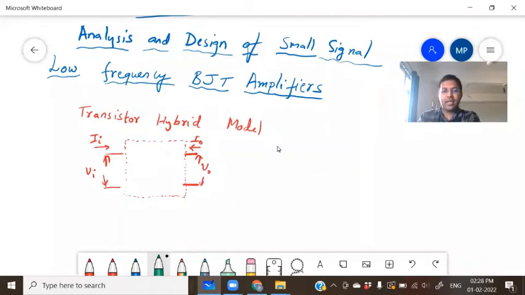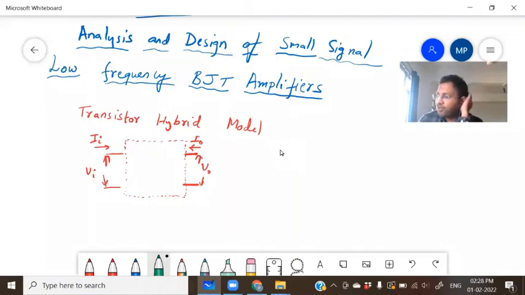the transistor amplifier, right? So for any block, for example amplifier, it has input and output, correct? Input we are representing by input voltage, input current. Output we are representing by output voltage, output current. So now in total you have 4 variables: input voltage Vi, Ii, V0, I0.